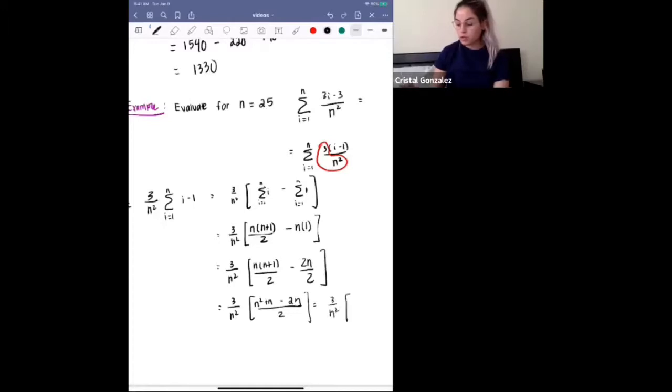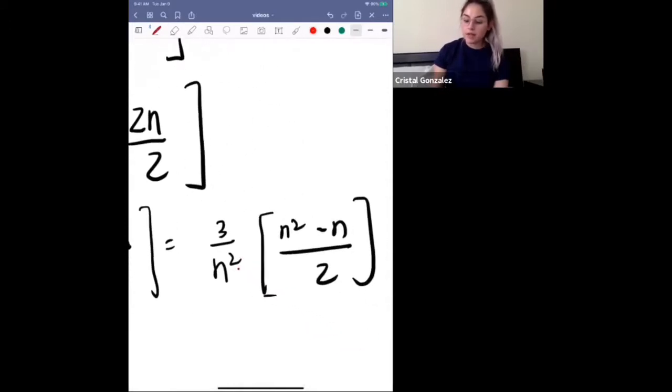Which gives me 3 over n squared, and now I can combine n and negative 2n to get negative n, all over 2. Now notice that I have n squared down here at the bottom, and then I have an n here and an n here, so I can basically factor it out and cancel them. I'm going to be left with 1 here, and that's going to go completely away.